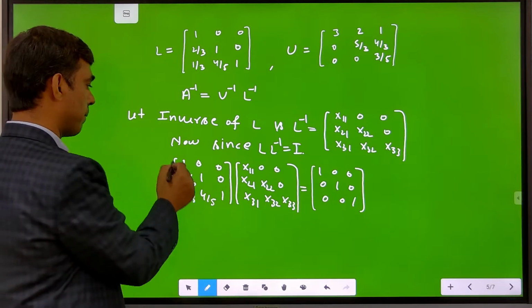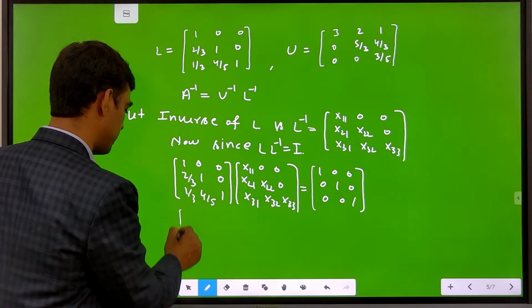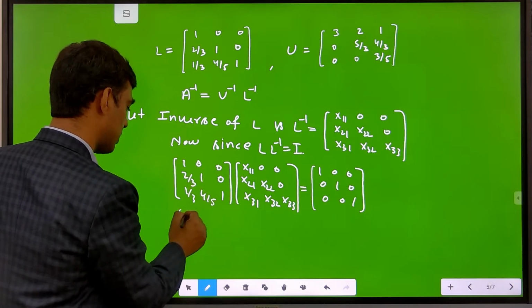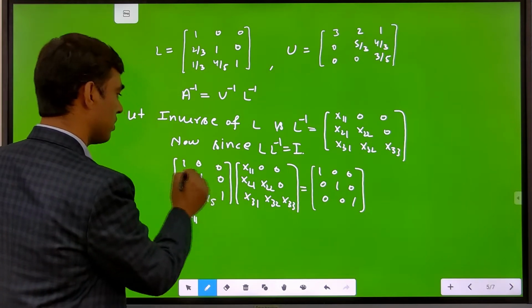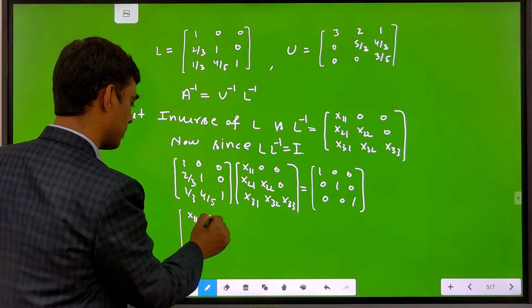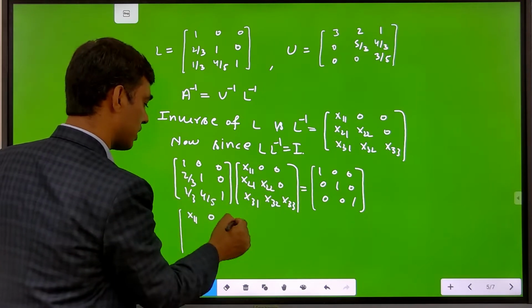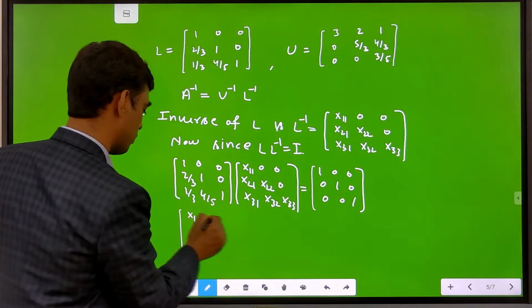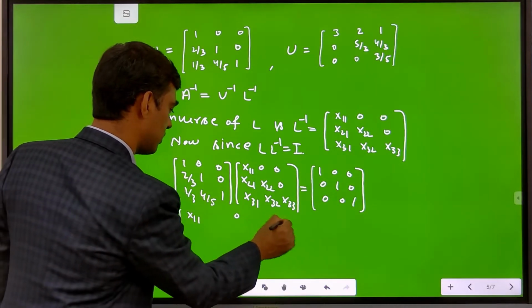So if we multiply this one, what will happen here? First row first column becomes x11, first row second column becomes 0, first row third column becomes 0.